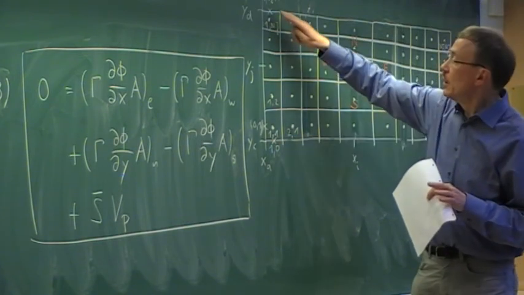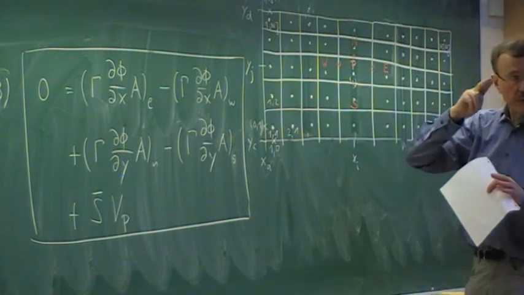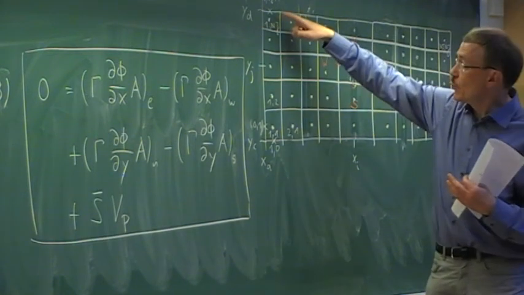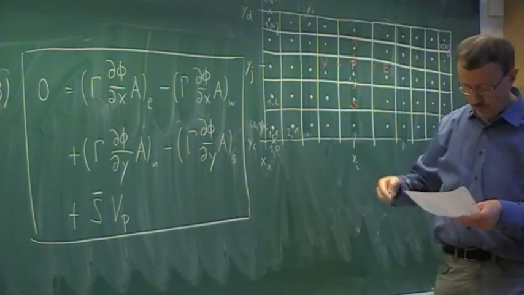Here 0, and here nj plus 1. In the code that you got, the skeleton, the npi is the number of points including the boundary points. So in our example, the npi, that is for the x direction, would be ni plus 2. And in the y direction, it would be nj plus 2.